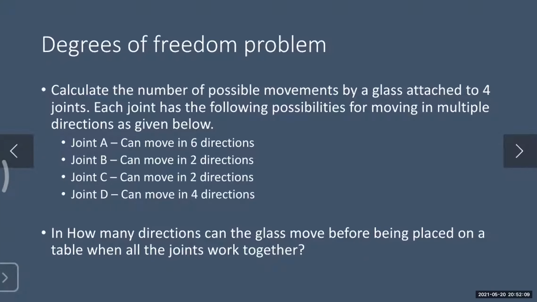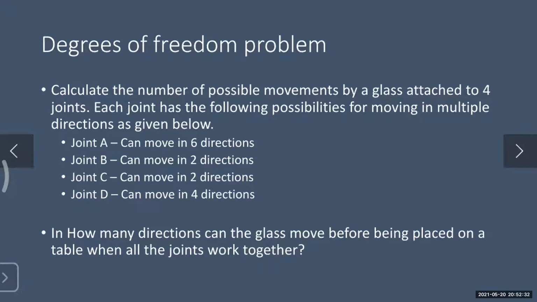Now, each joint has the following possibilities for moving in multiple directions. For example, joint A can move in 6 directions: up, down, medial, lateral, and then one side rotation, other side rotation. So it has approximately 6 directions it can move.